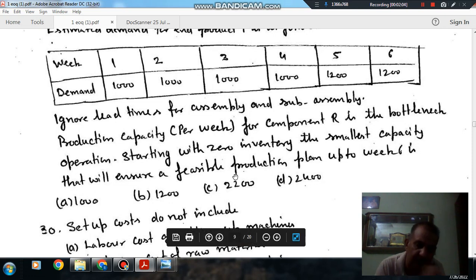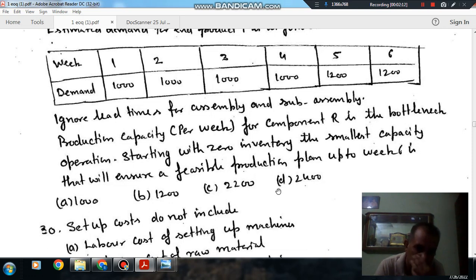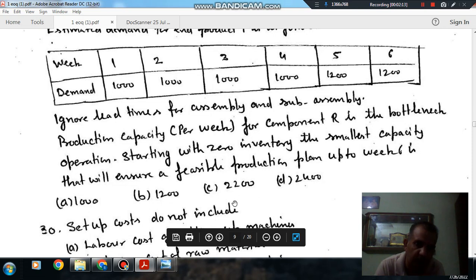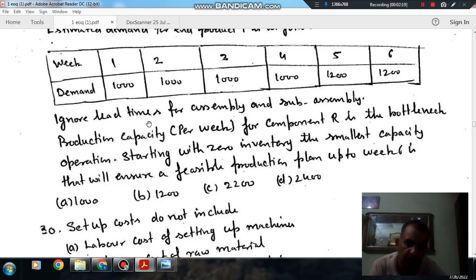Starting with option C, suppose we produce 2200 components of R in the first week. But the requirement is 1000 into 2, that is 2000.